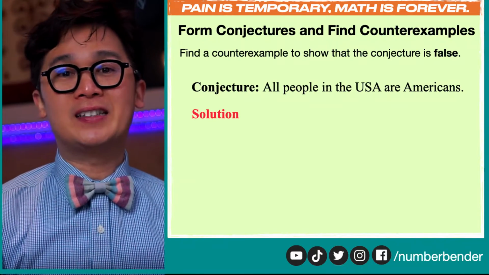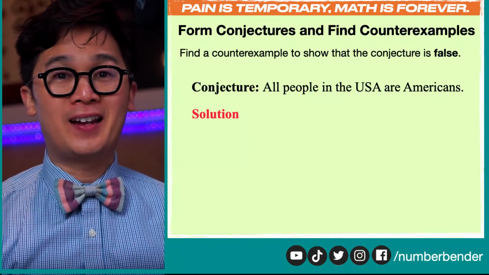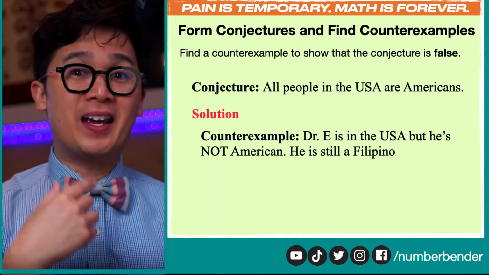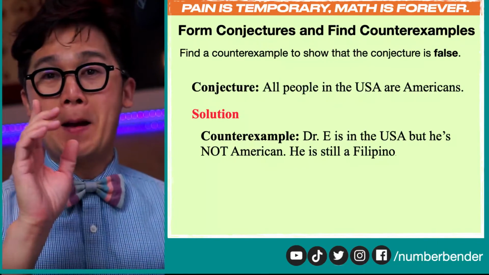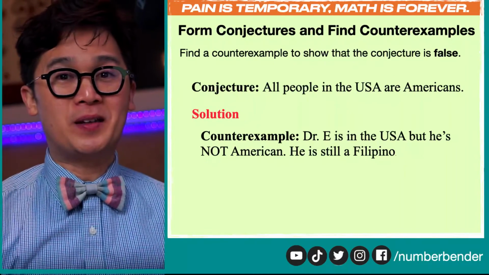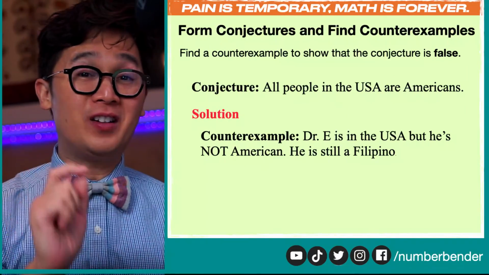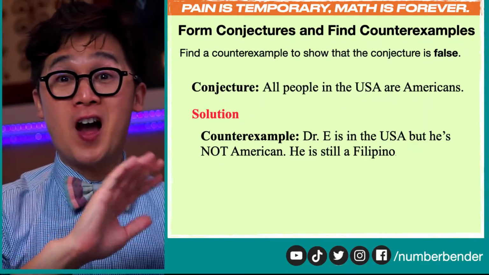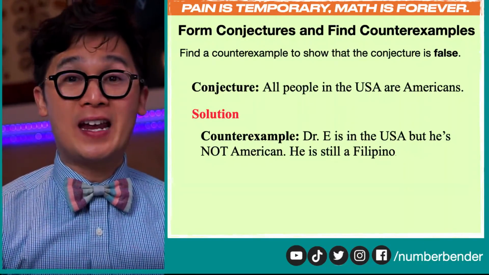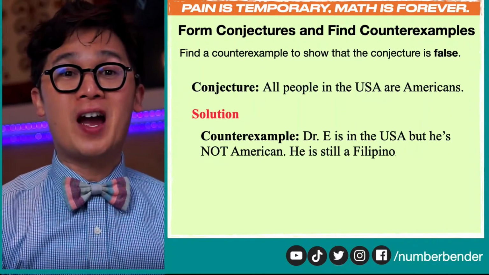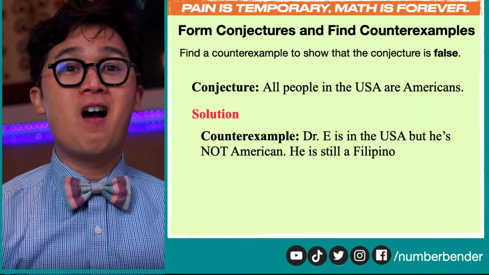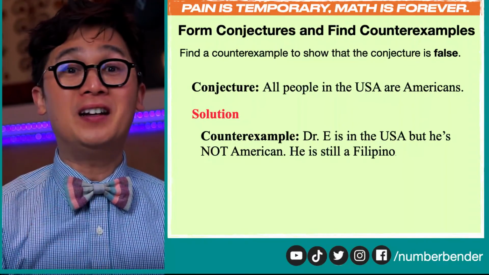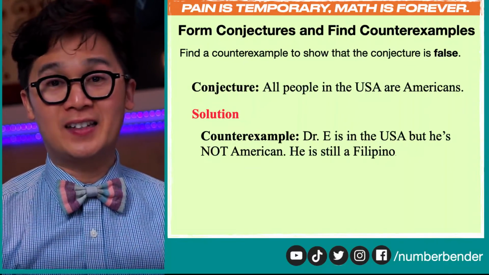In this particular conjecture, my counterexample is that Dr. E, who is me, is in the USA right now, but he's not American because he is still a Filipino citizen. So not all people in the USA are Americans, because we can find counterexamples of people who are still not American citizens, even though they're living in the United States.